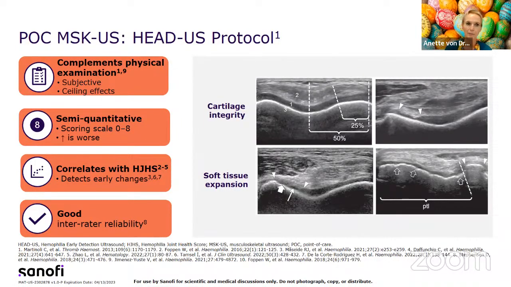It's just semi-quantitatively providing an idea and a score of what's going on in the joint. It does correlate with hemophilia joint health scores to some extent, and it does have some reliability in terms of different readers finding different things.